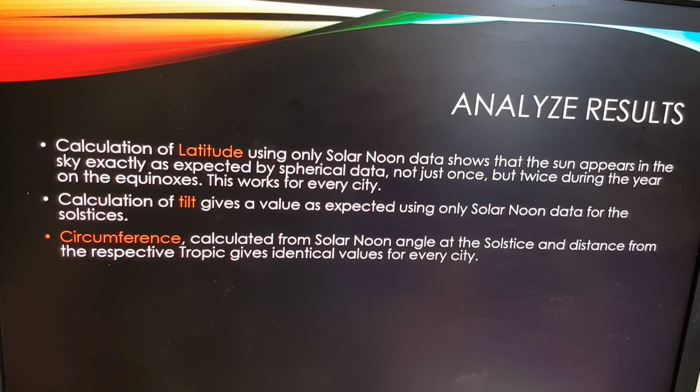Circumference we calculated using solar noon angles at the solstice and the distance from the respective tropic, which again gives us identical values for every city. So you can see that no matter where on Earth you are, you're getting the exact same number for circumference.